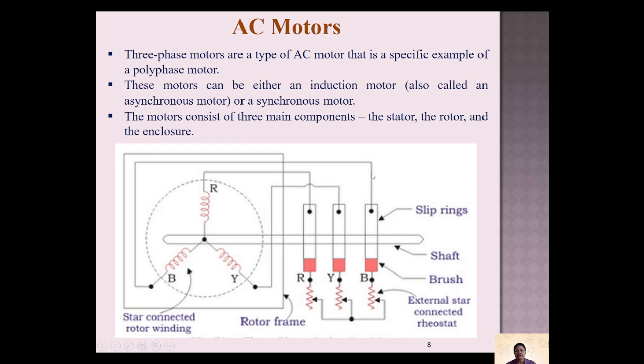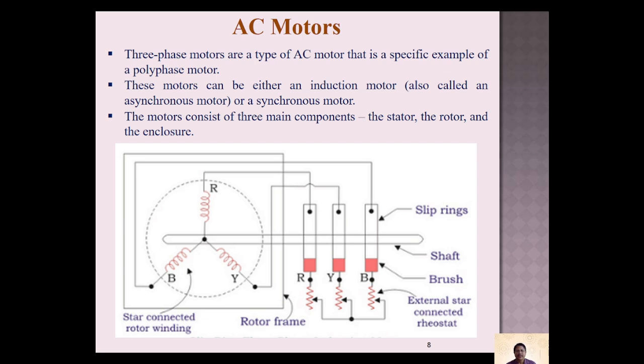Then we will move to three-phase AC motors, which are a specific example of polyphase, as opposed to single phase. The motors can be either an induction motor, also called asynchronous motor, or a synchronous motor. This motor consists of three main components: the stator, the rotor and the enclosure, that is the casing.